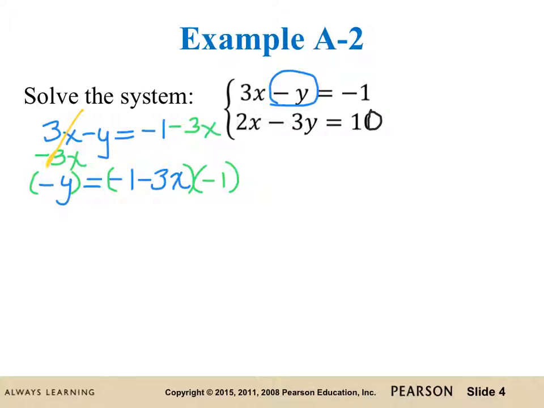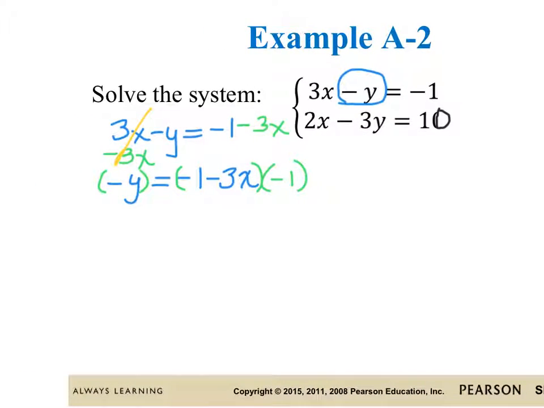And of course, we know that negative 1 times negative y is going to give us positive y is equal to negative 1 times negative 1 will give us positive 1, and negative 1 times negative 3 will give us positive 3x, and we have an expression for y.